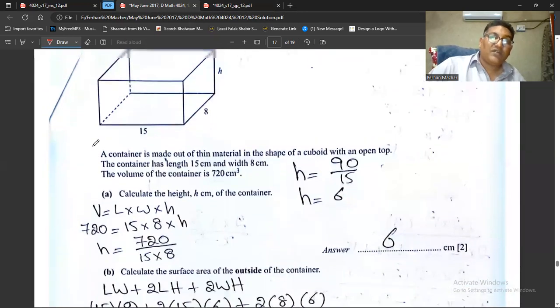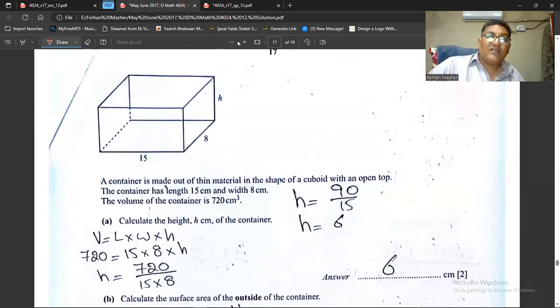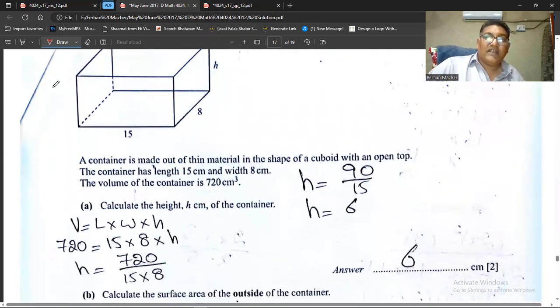That's the formula for the volume, and I can easily calculate. So volume is equal to length multiplied by width multiplied by height. The volume is 720, the length is 15 and the width is 8. Height is the question. So height will be 720 divided by 15 divided by 8. The height will be 90 divided by 15, and the height will be 6.